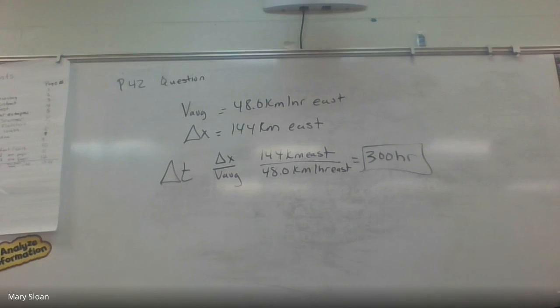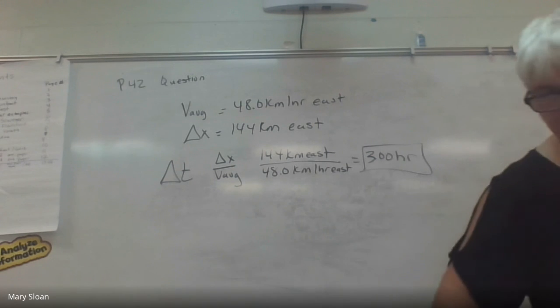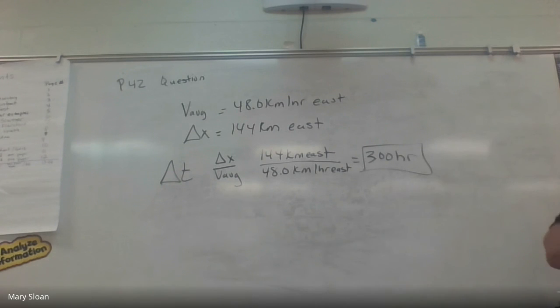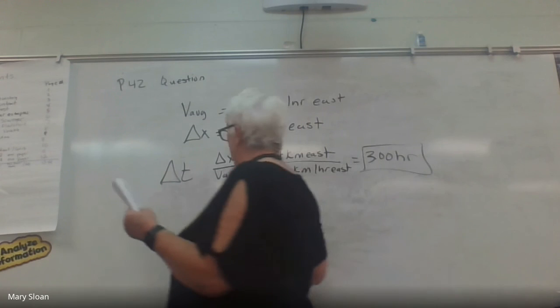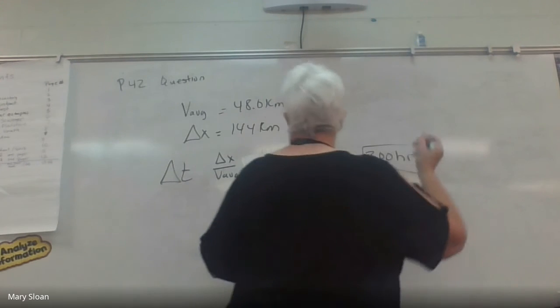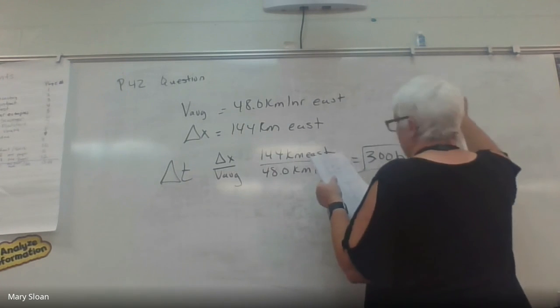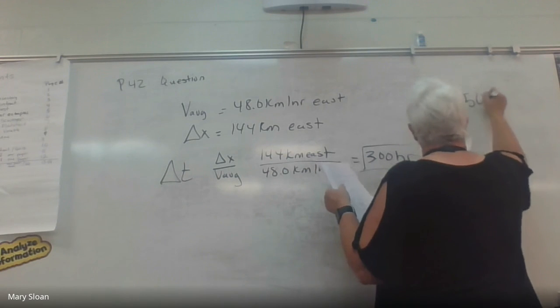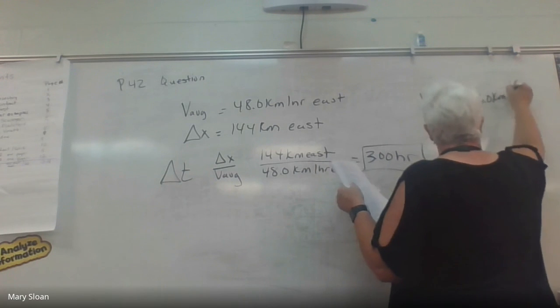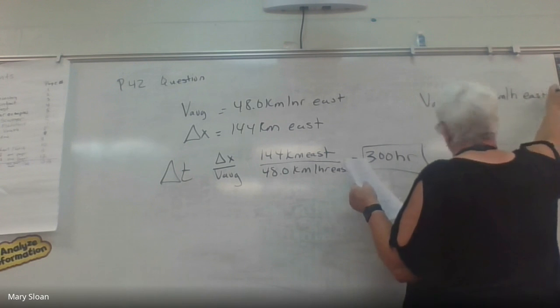Number 5 says, looking back at item 4, how much time would Simpson save by increasing his average velocity to 56.0 kilometers per hour to the east? So what we're going to do here is change it. His velocity average is 56.0 kilometers per hour to the east.